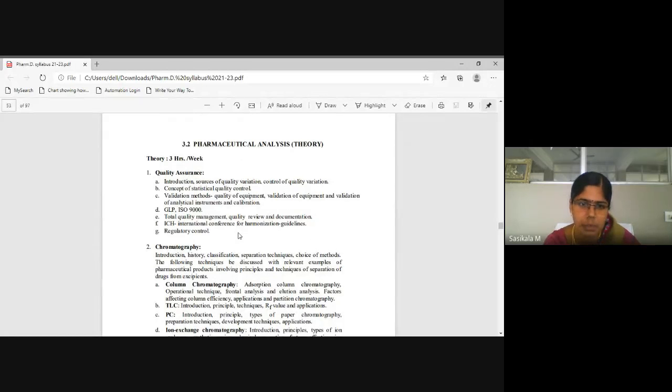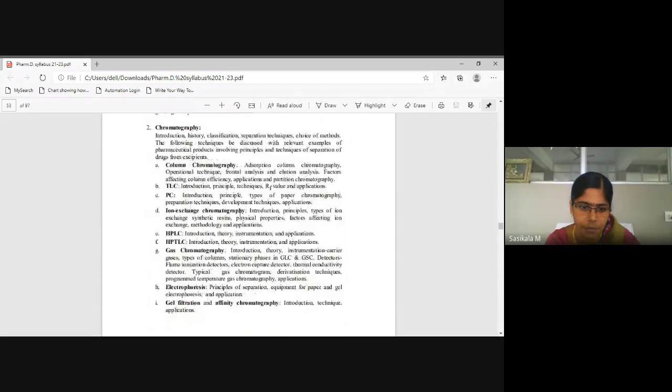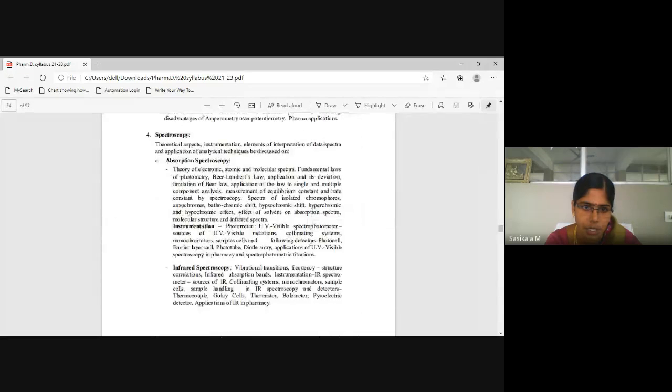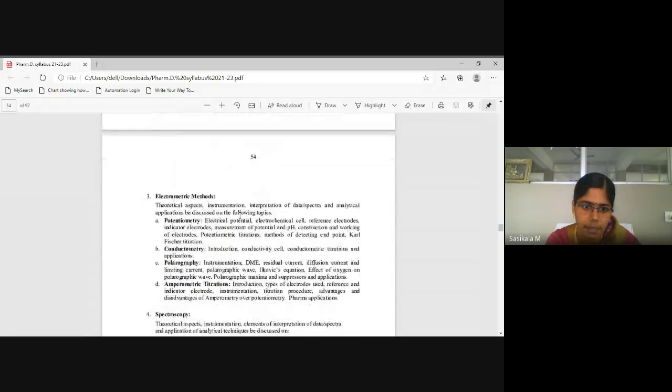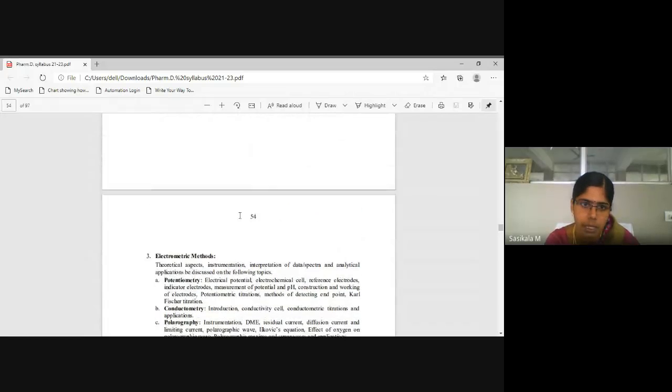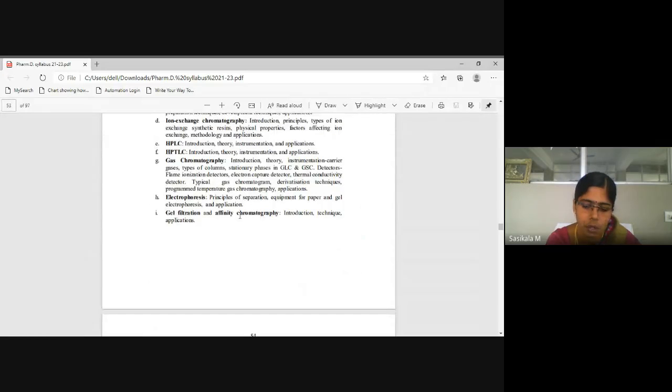If we discuss it in the beginning, you will get bored. That's why I have converted this part into the fourth part of the syllabus, quality assurance, and I have divided chromatography, electrochemical methods, and spectroscopy into the beginning. Comparing electrochemical methods, spectroscopy is the most important part, so I have brought that after chromatography.